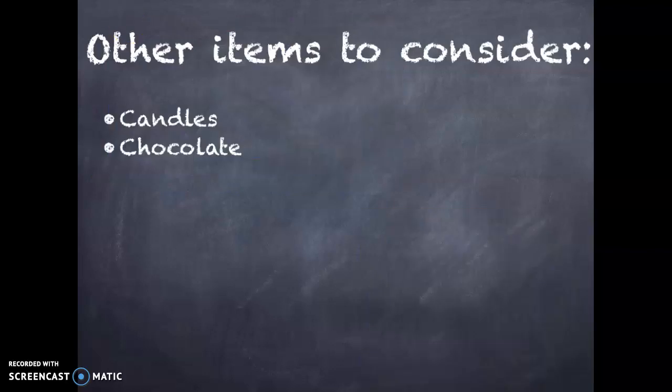Other items to consider are candles. Once you start the flame on them, they start melting little by little, just like butter. It turns into a liquid, and under room temperature, it would turn back into a solid, perhaps not in the same form that it used to be, but once it's dry, it becomes a wax, a harder material rather than the liquid.